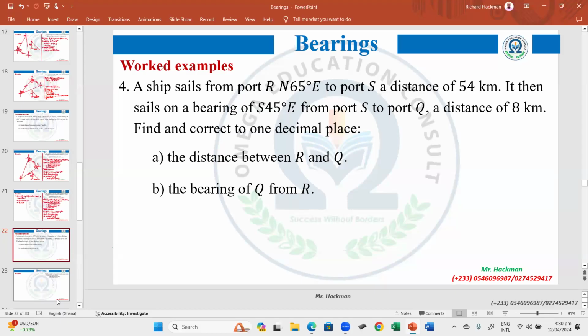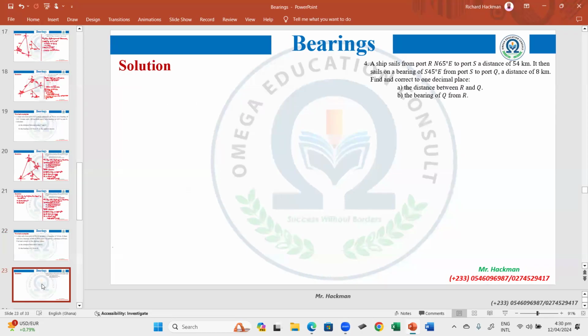So quickly, let's picture the situation roughly before we look at the true picture. On the solution slide, a ship sails from port R. So my first point of interest is R. This is point R. But what's the bearing?